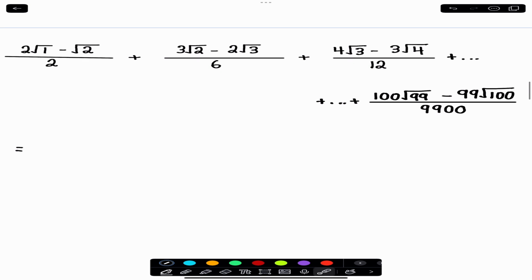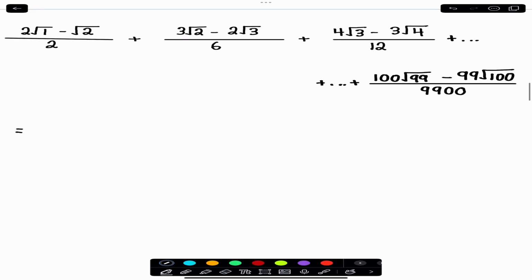So let's look at this one first. So this can be split up into 2 root 1 over 2 minus root 2 over 2 if you just split the fraction up. So 2 root 1 over 2 just ends up being root 1. And then we're going to take away root 2 over 2.